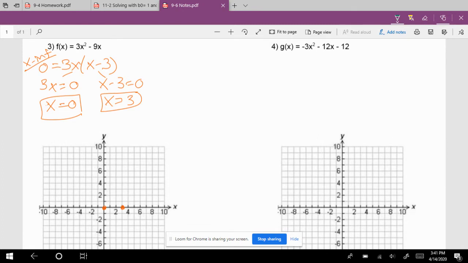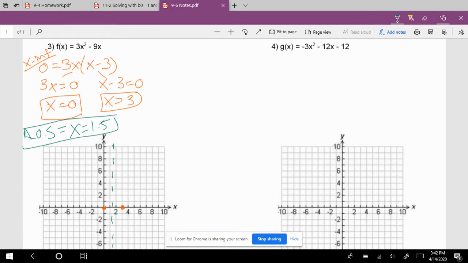Now, this y-intercept, the halfway point between 0 and 3 is 1.5. So we are going to be in between a couple grid lines, and that's okay. All right, that's not a really nasty number to work with. Axis of symmetry equals x equals 1.5.